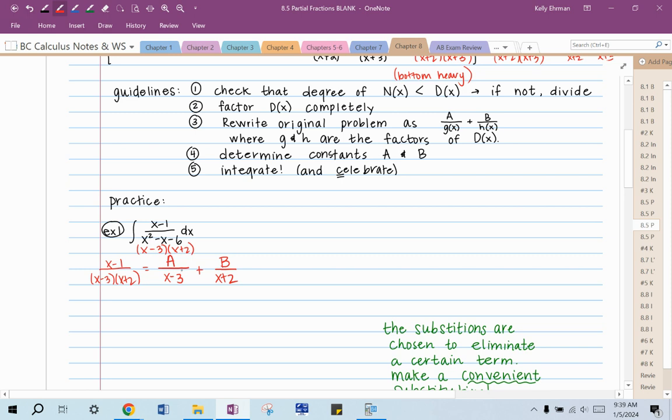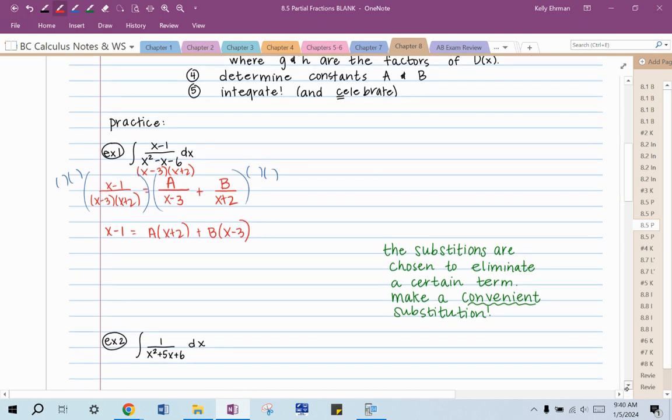Because I would get a common denominator for those two, and I would somehow end up with this. So then the next thing you can do is multiply by the least common denominator, so multiply by x minus 3 times x plus 2. That's going to give us x minus 1 equals A times x plus 2 plus B times x minus 3. That's just what I multiplied by the denominator.